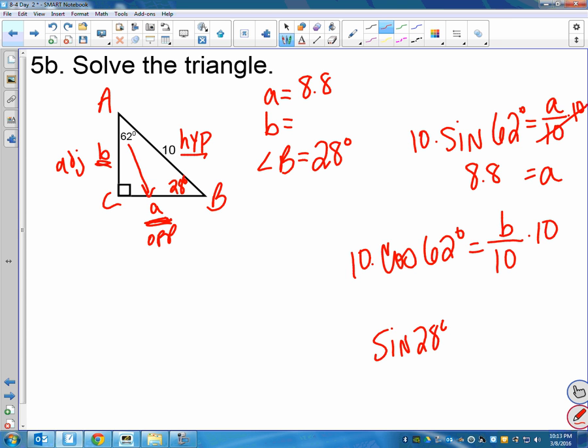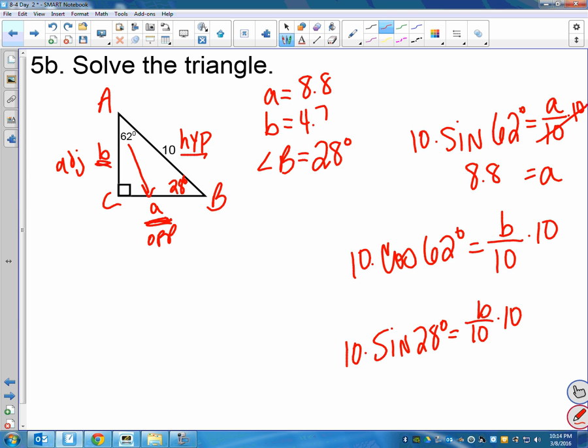You don't have to write them both down. The sine of 28 degrees would also be B over 10. And when you type that in your calculator, you're going to get the exact same answer. That's what I mean by it doesn't matter as long as you're setting it up correctly. You're going to get the same answer, which should be like 4.7.